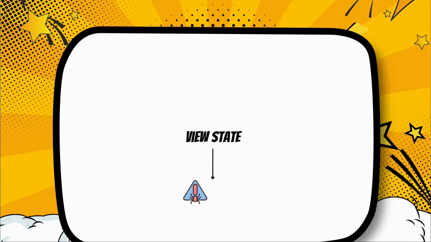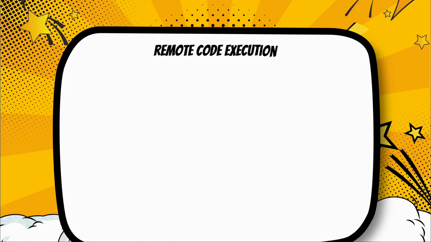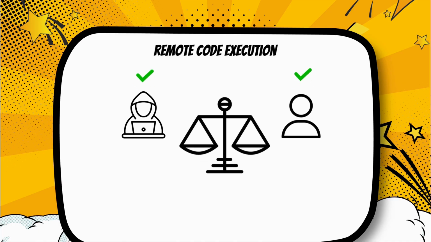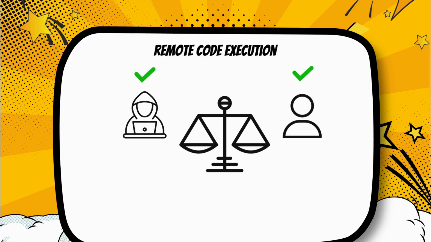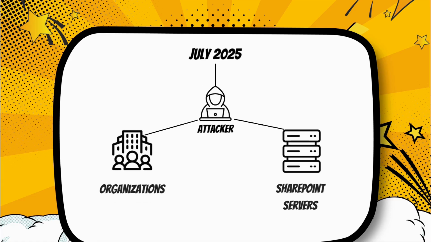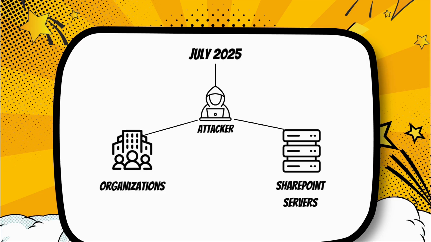As a result, the attacker gains persistent RCE and can execute any command that an authorized user can execute, or even escalate to other parts of the network. The attacks were quickly exploited in July 2025, with dozens of organizations and more than a dozen SharePoint servers reportedly affected.